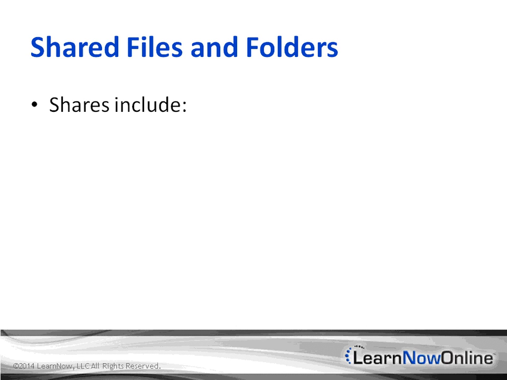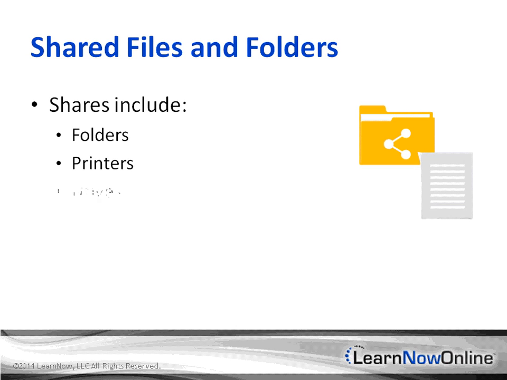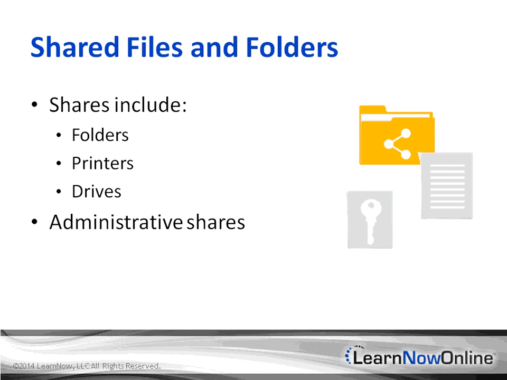Shared files and folders. Shares can be on folders. You can share a printer, or you can share a drive. There are also what we call administrative shares for various drives on your computer. An administrative share is created every time you create a drive, C drive, D drive, whatever it might be.